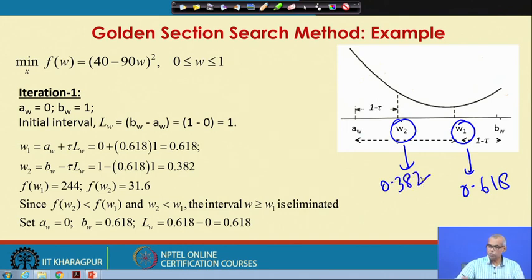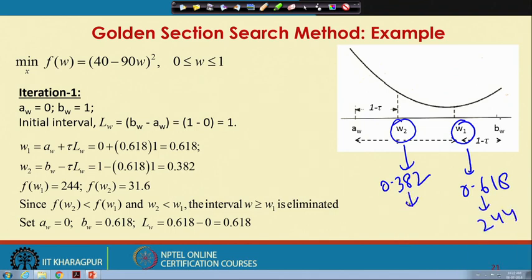Note that w1 is higher, and w2 is lower than w1, with value 0.382. Evaluate these two functions. f(w1) is 244, f(w2) is 31.6.